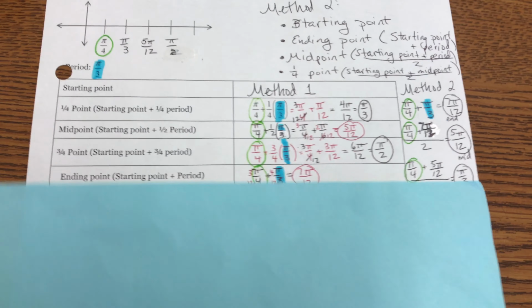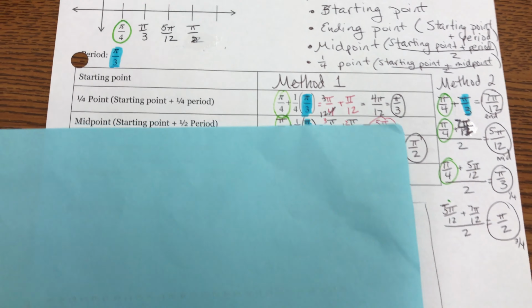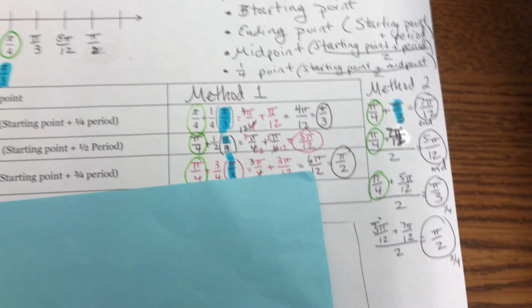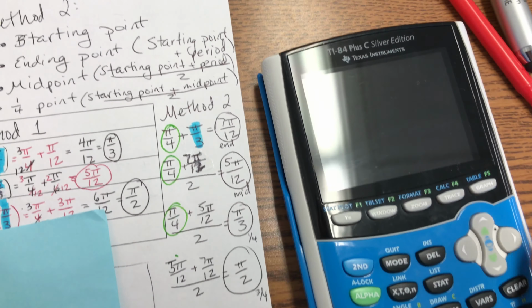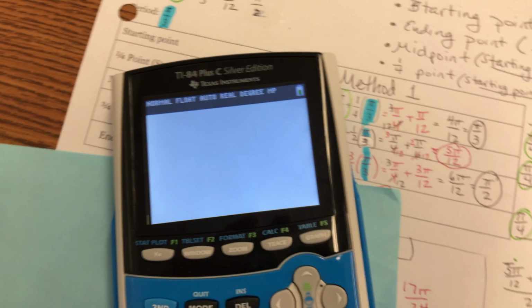Now, if you're concerned about all these fractions, you can do this on a calculator. You just have to ignore the pi's. So, for example, and I see we have a glare, so I'm going to move over here.